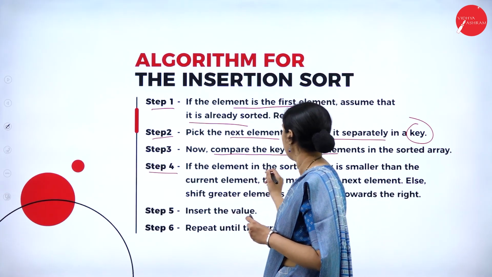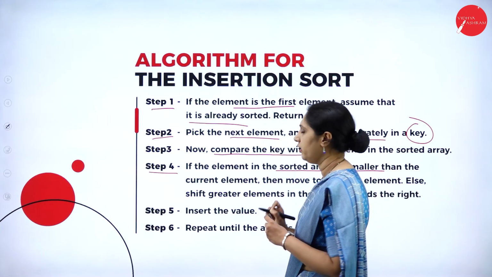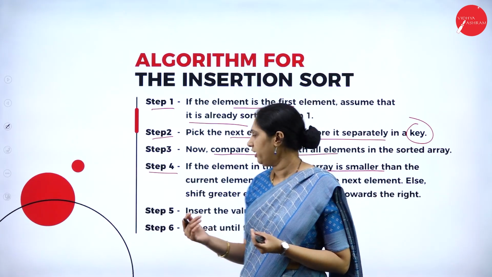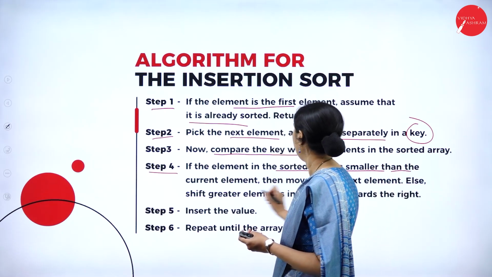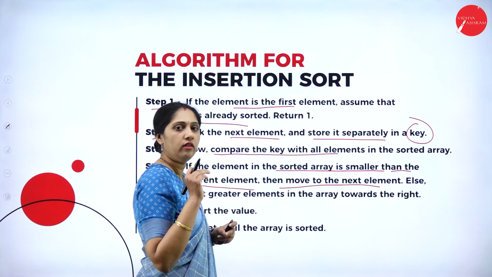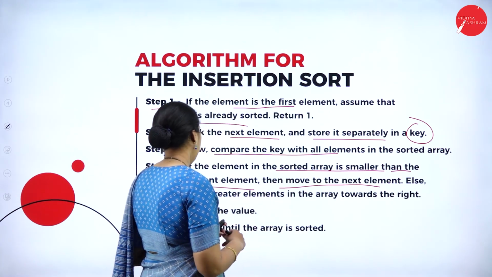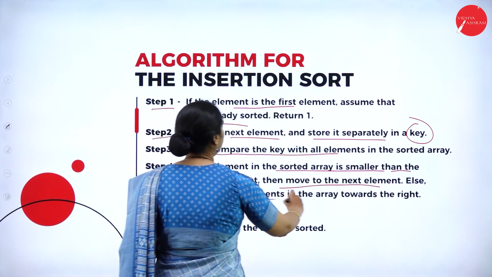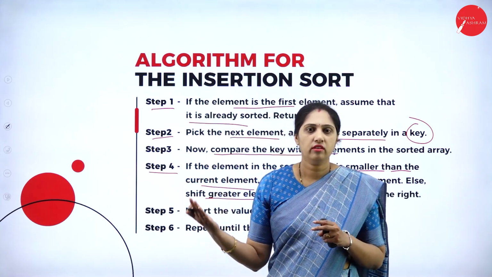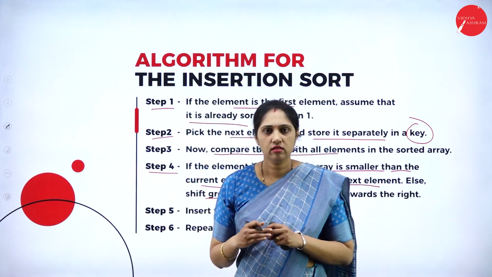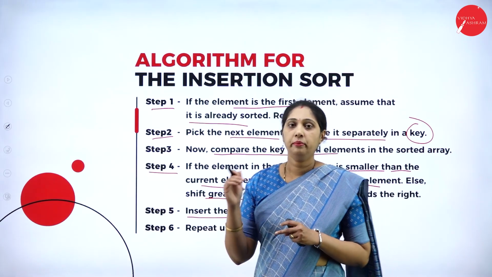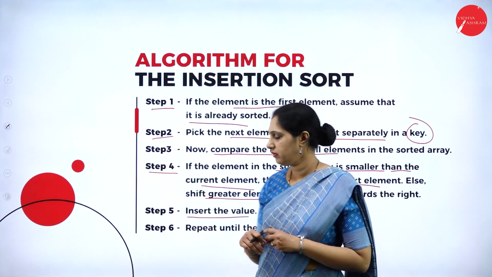If the element in the sorted array is smaller, there is nothing to do, so we move to the next element. Else, shift the greater element in the array towards the right. We always know the greater element goes towards the right and the left will have the smaller element. So now we have to insert the value depending upon the condition.